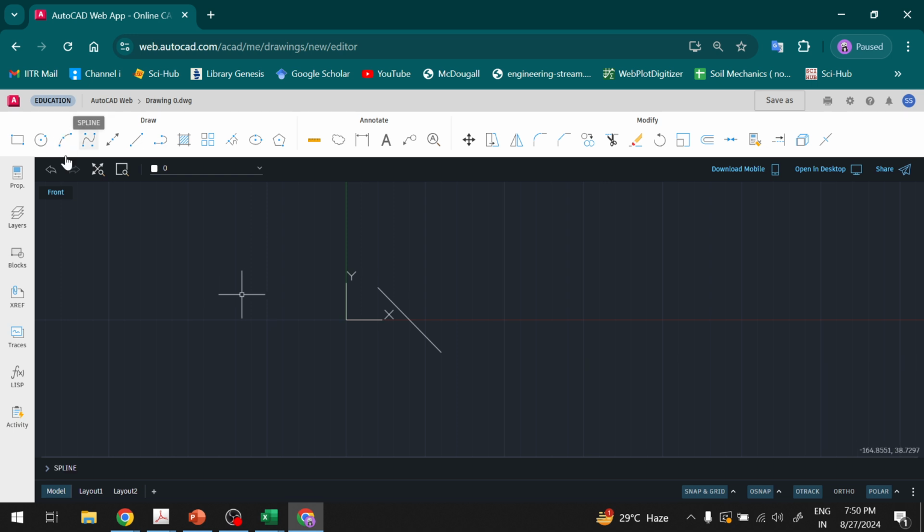Then we take a circle. This will be the first end point of the diameter.